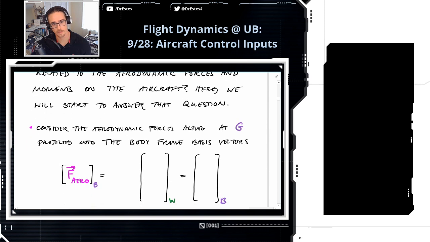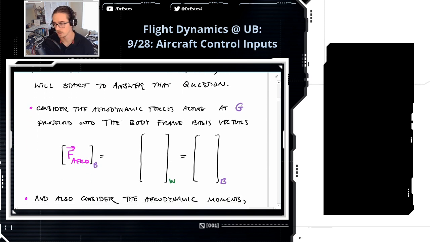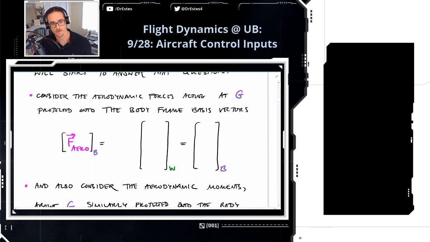Okay, so let's go back to our aerodynamic forces and moments. So our aerodynamic forces acting at the CG of the aircraft, which we call G, if we project this onto the body frame basis vectors, well, let's start with these forces in the wind frame.